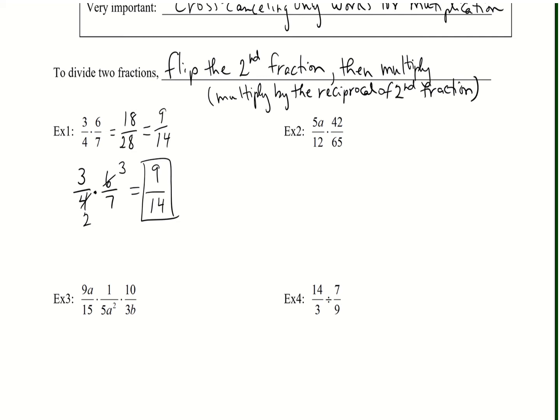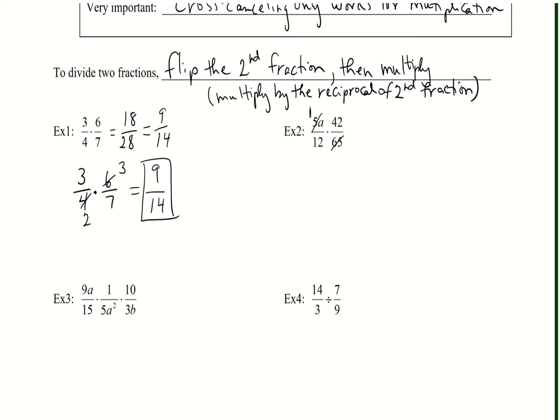And then we're just going to use cross-canceling for example 2. So here we have 5a over 12 times 42 over 65. I don't really want to have to multiply 5 times 42 nor 12 times 65. So let's do some cross-canceling. 5 and 65 have factors of 5, so we'll divide each by 5.